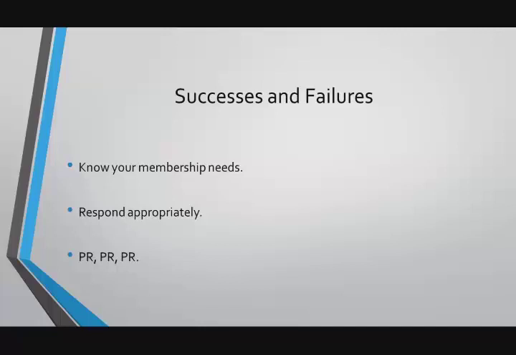Whatever the membership needs are, you need to respond appropriately and set those programs up for your members. And your PR, public image, is going to be among the professionals, whether they belong to the organization or not. And sometimes professional organizations develop reputations outside the profession, where they're seen as a leader in some aspect of health or health education.